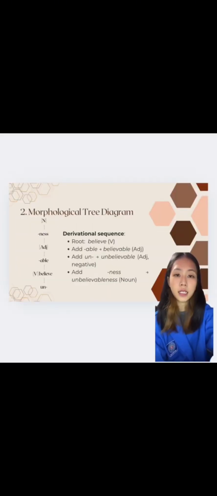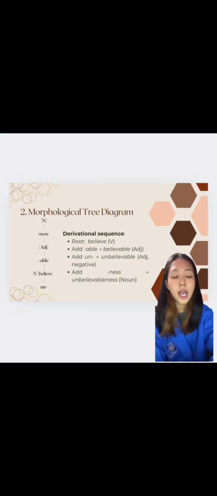The next slide is number 2, morphological tree diagram. As you can see, this example tree diagram shows the derivational sequence. Number 1, root, believe, a verb. Number 2, able, becomes believable, an adjective. Number 3, un, becomes unbelievable, an adjective, negative.